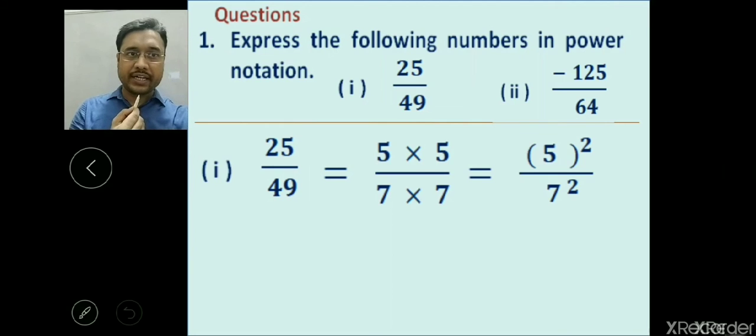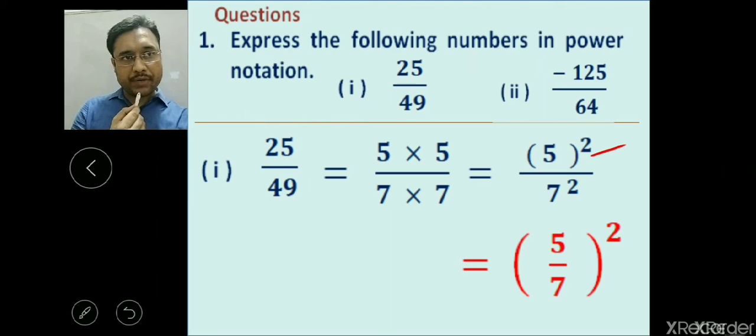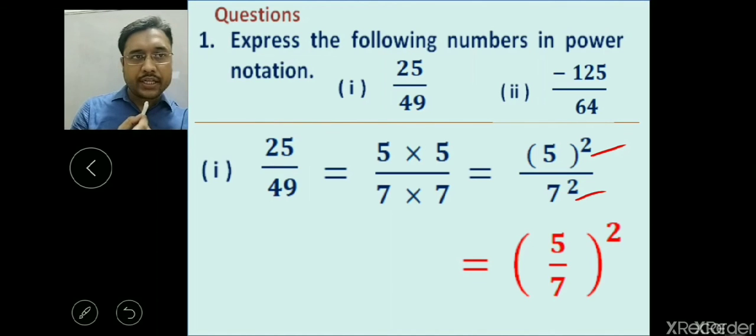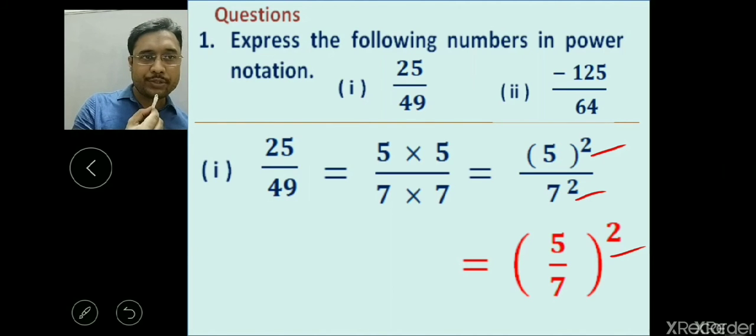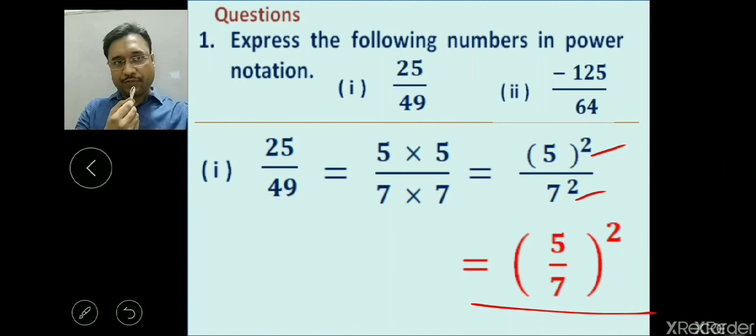Then you will write 5 square by 7 square. So the result is (5/7)^2, because this power 2 is the common power of numerator and denominator. 5 has 2 powers, 7 has 2 powers. So you take this 2 power common, then the result is (5/7)^2. This way the number is now in power notation, or exponential form.